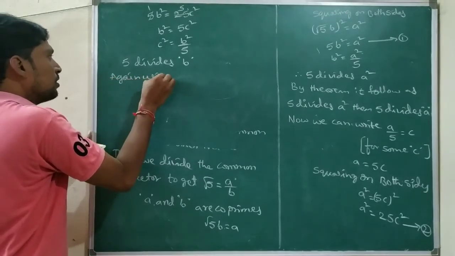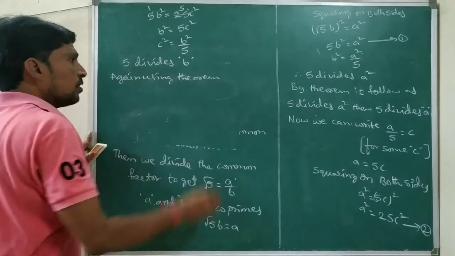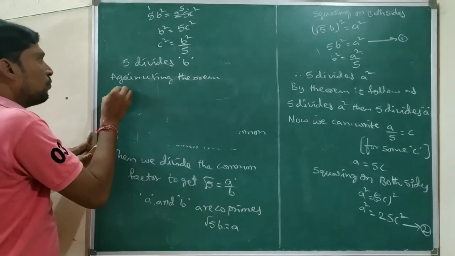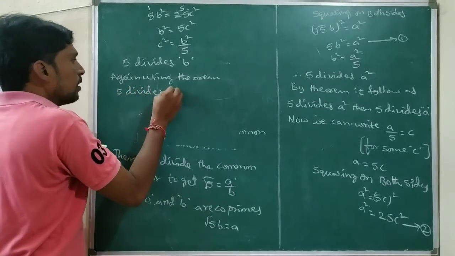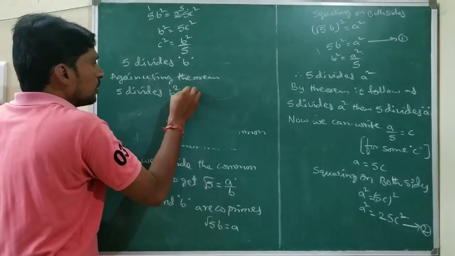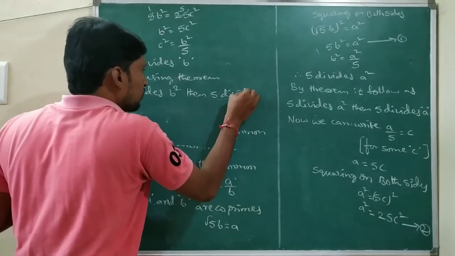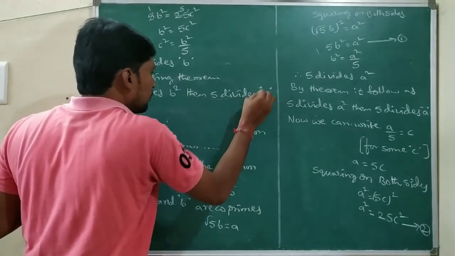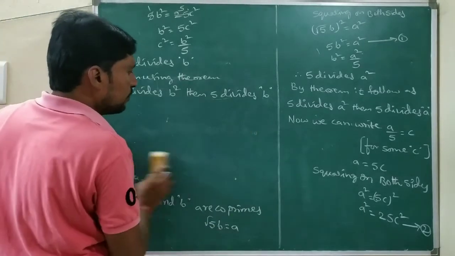So again using the theorem, 5 divides b square, then 5 divides b. Here we got 5 divides a, and 5 divides b.